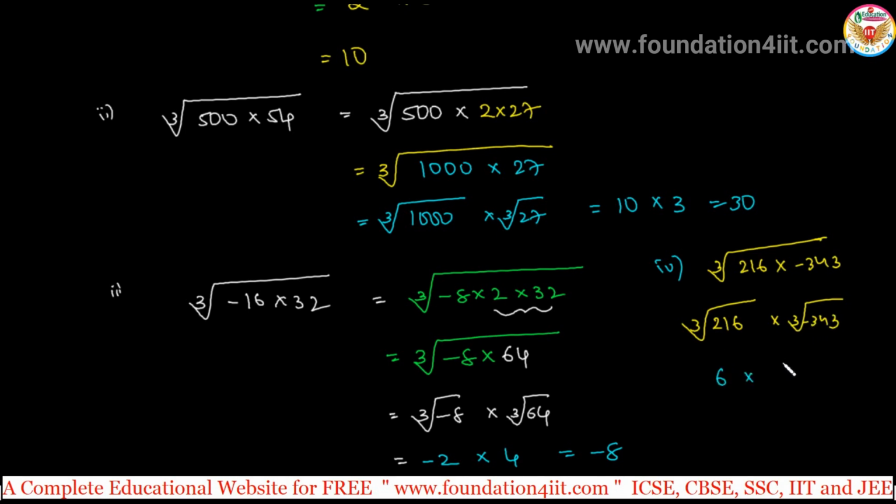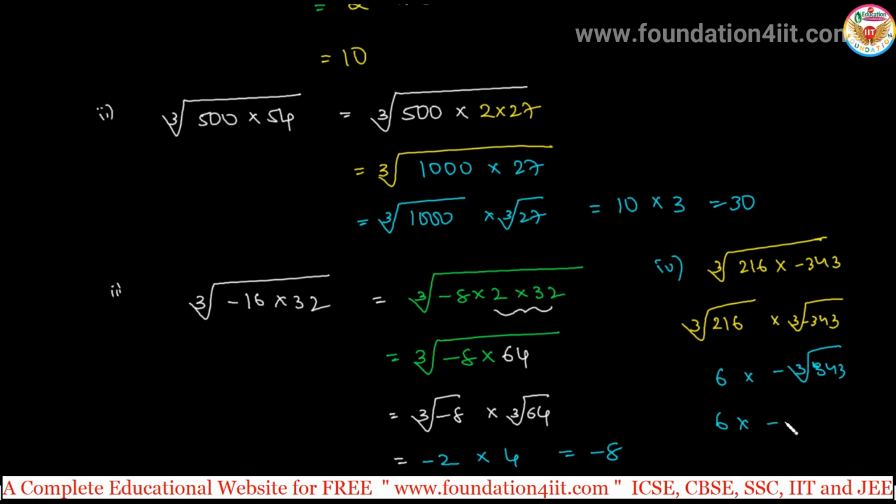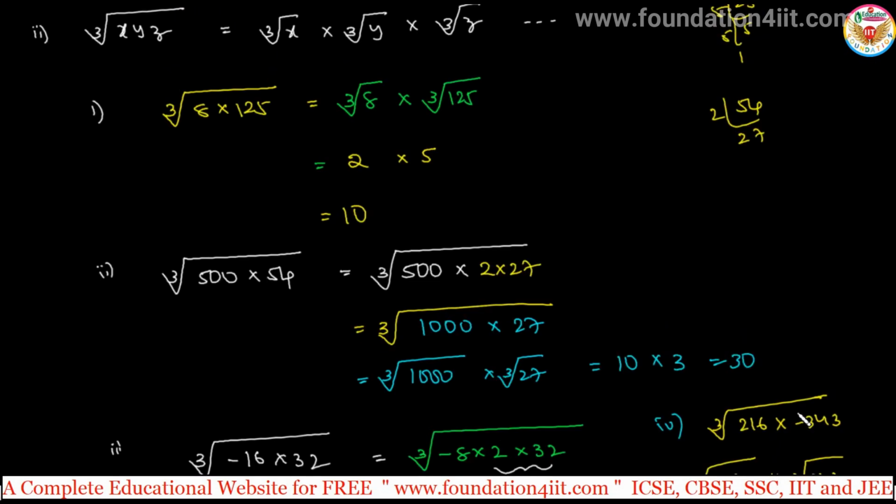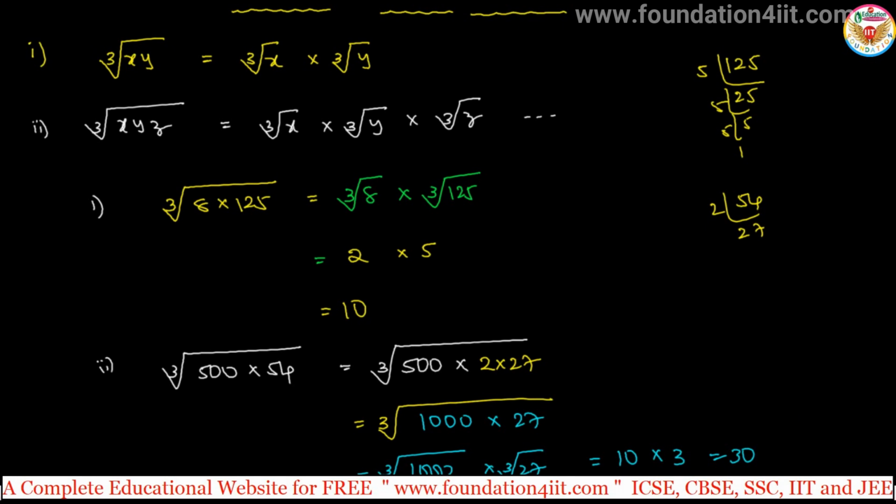Cube root of minus 343 we can write as minus into cube root of 343. So 6 into minus 7. Cube root of 343 is 7. 6 into minus 7 is minus 42. So just apply the basic formula and split into parts: cube root of x into y is cube root of x into cube root of y. We can expand to any number of terms. Okay, this is finding the cube root of a product of numbers.